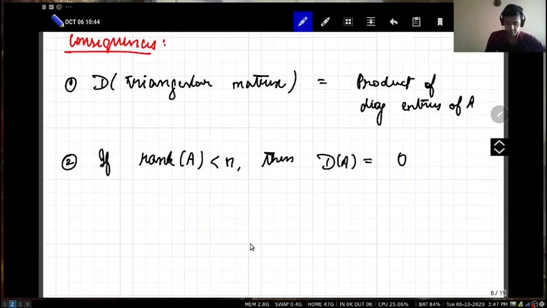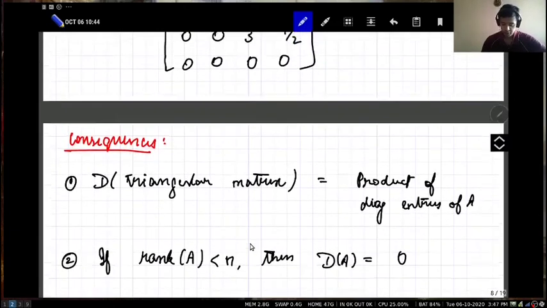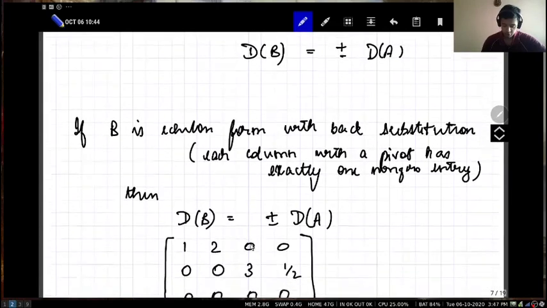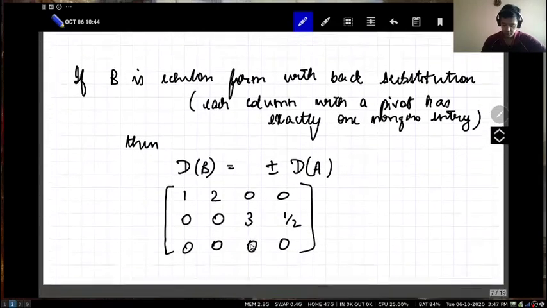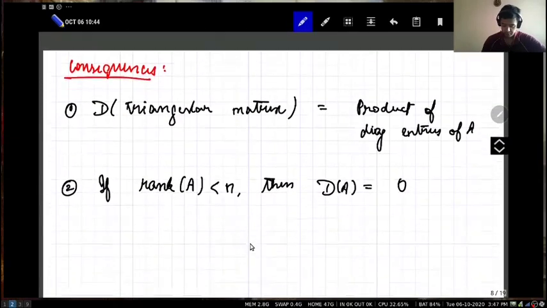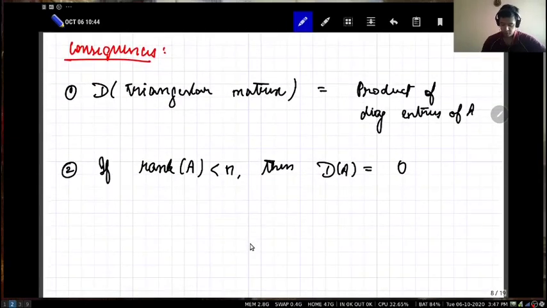So this property that D of a triangular matrix gives you the product of the diagonal entries implies that for any matrix A, you can very easily find the determinant of the matrix just using row reduction, right? So the determinant is basically equal to the product of the pivot values. So D of A is simply equal to the product of pivots.